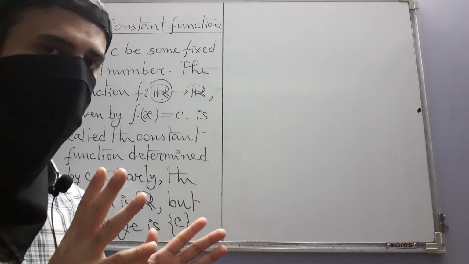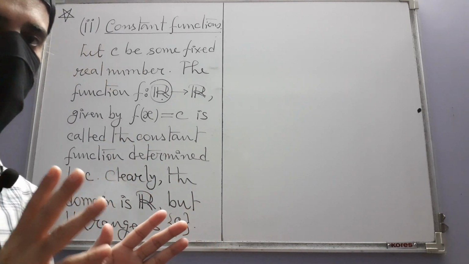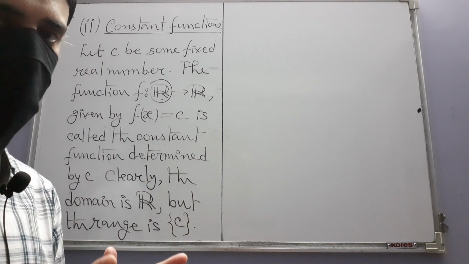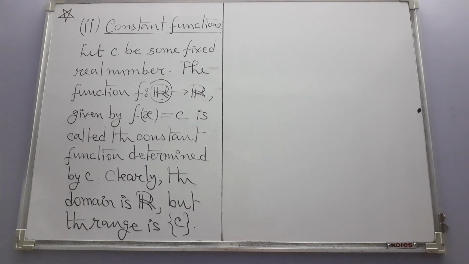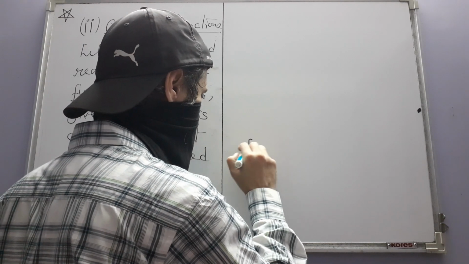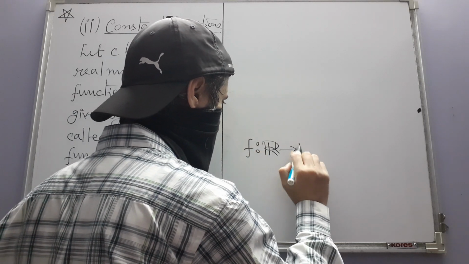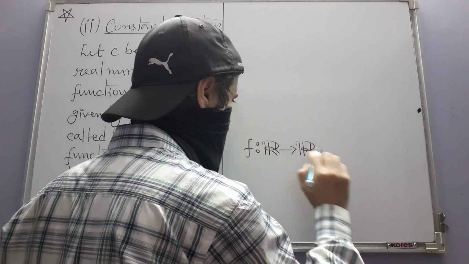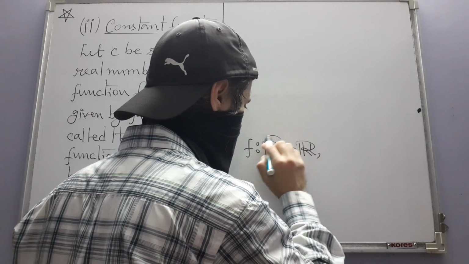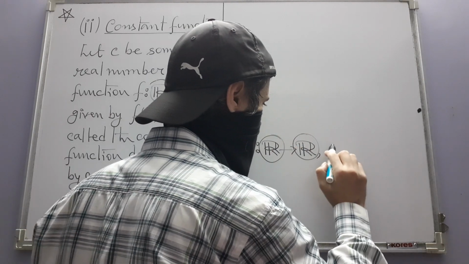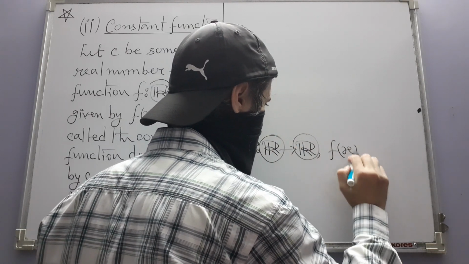See, that should always be there. Otherwise, it's not a function. It's a general relation. In case of the identity function, what was the rule? The rule was this. This was the function with domain and codomain, and the rule was this.